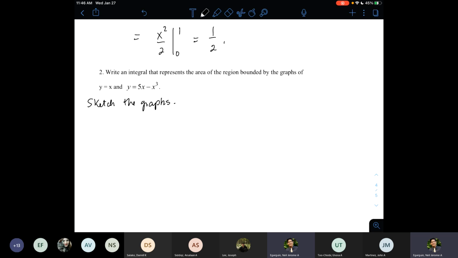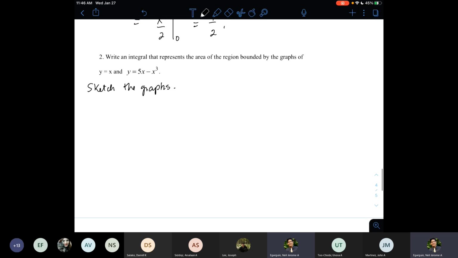But in particular, I want to focus on y equals 5x minus x cubed. Let me call this f of x, right? How do we sketch graphs of higher order polynomials? I guess this should jog your memories, because here we need to do curve sketching all over again.